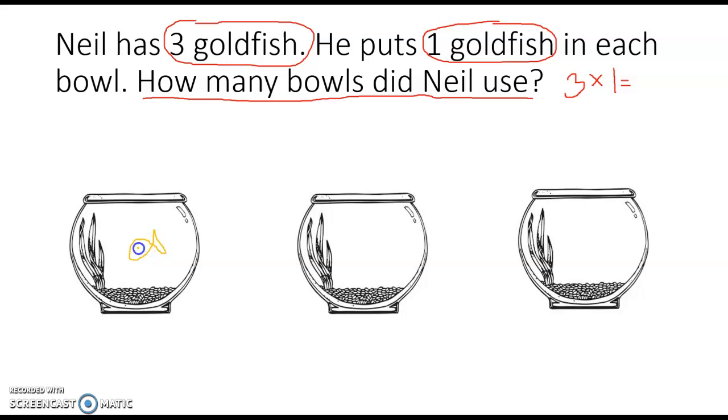1, 2, 3. How many goldfish are in each, or how many bowls did we use?